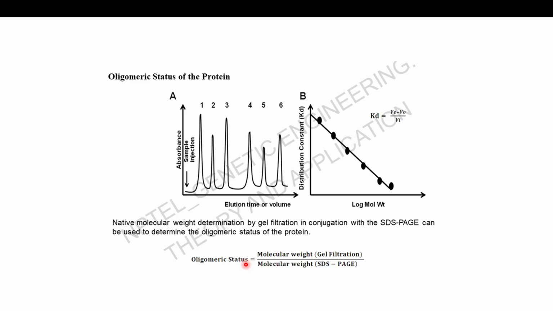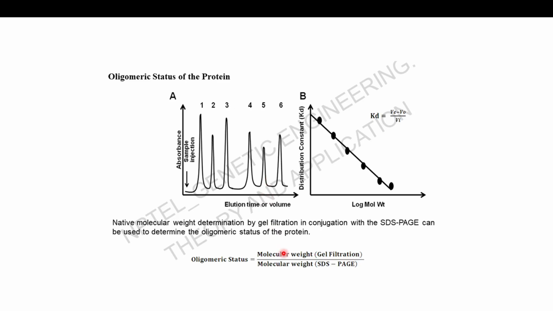And oligomeric status definitely can be checked using this formula, where you are getting, suppose, a single peak. This is the molecule eluting out at this particular volume or at this particular time, so it has a corresponding molecular weight, right?